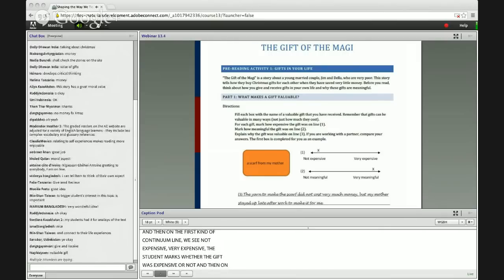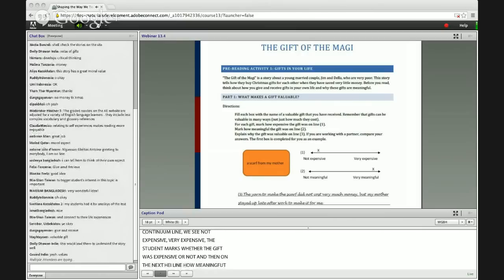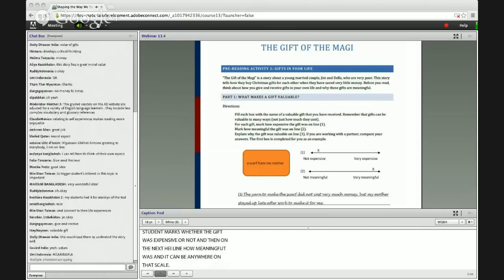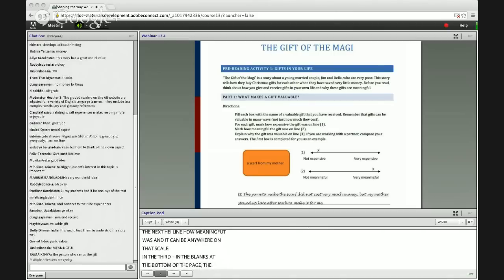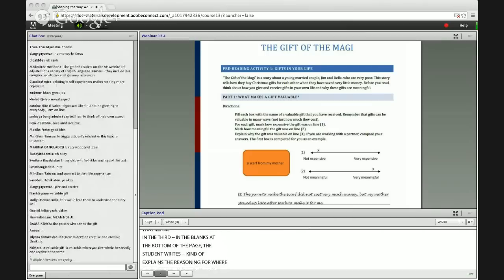In the blanks at the bottom of the page, the student writes the reasoning for where they placed this gift on those two continuums or scales.